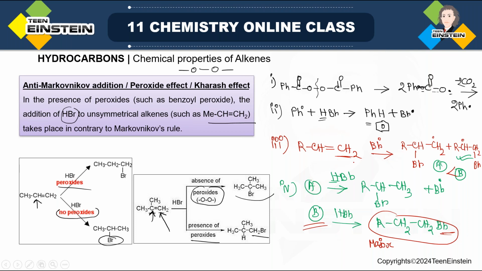So the reason is it is undergoing a radical mechanism, where first the Br part of the reagent is added, and here the question of negative part, positive part doesn't arise because it is a radical. It is not carrying any negative charge, right? So this is the mechanism in presence of peroxide.